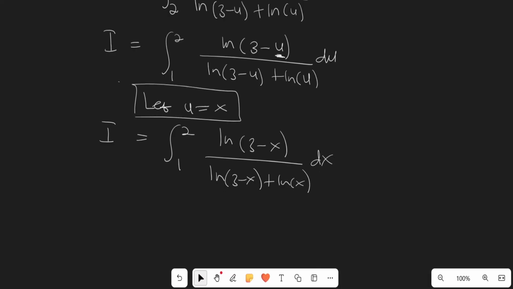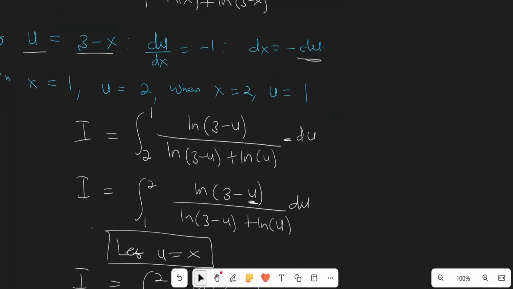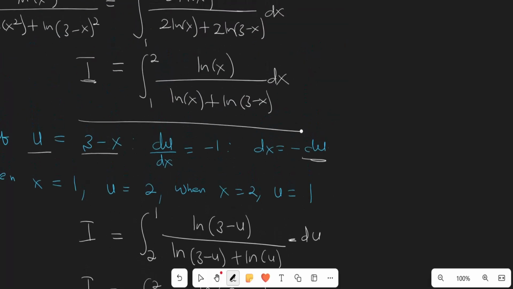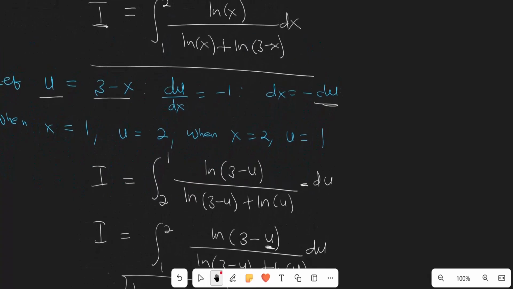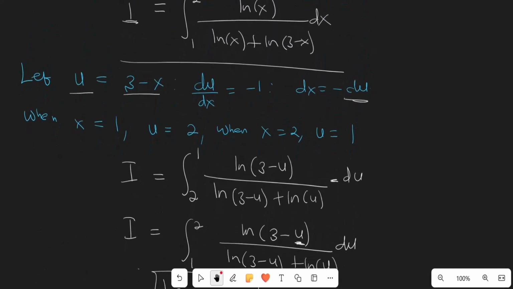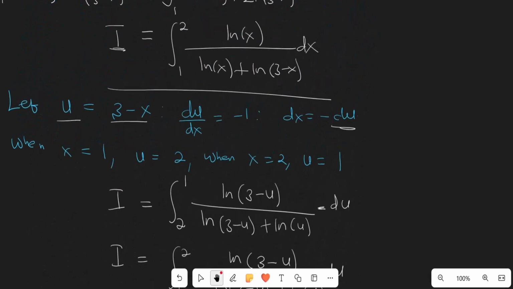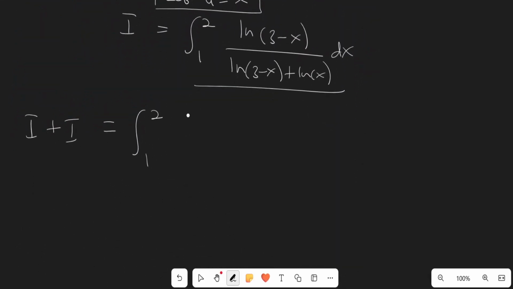And if you look at this I, and this is I, we can just sum them together and see what happens. So I plus I is equal to the first I, the integral from 1 to 2 of the natural logarithm of x all over the natural logarithm of x plus the natural logarithm of 3 minus x, dx.